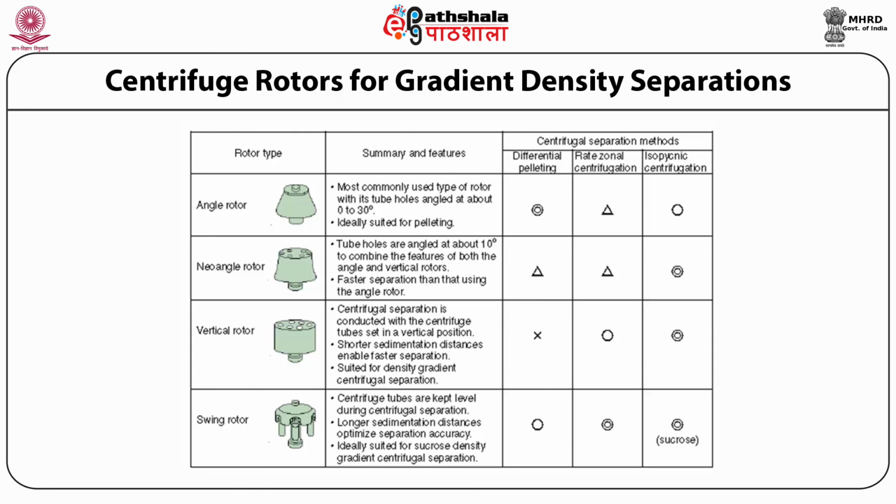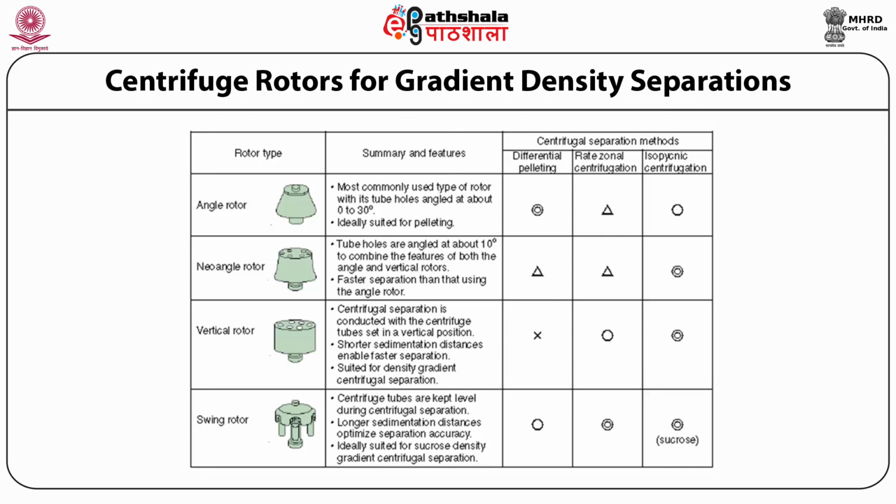Then the swinging bucket rotor. In this case the centrifuge tubes are kept level during the centrifugal separation. The longer sedimentation distance optimizes separation accuracy, and it is ideally suited for sucrose density gradient centrifugation. During centrifugation, samples swing outward from the center of rotation and reach a right angle to the axis of rotation.